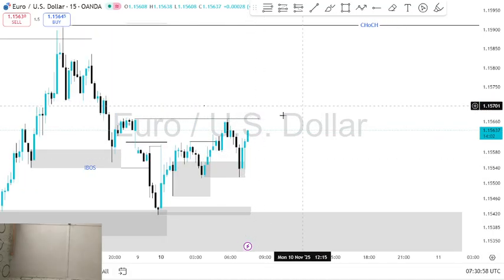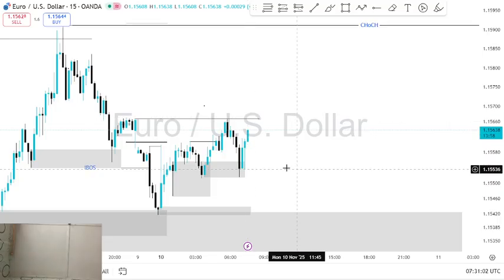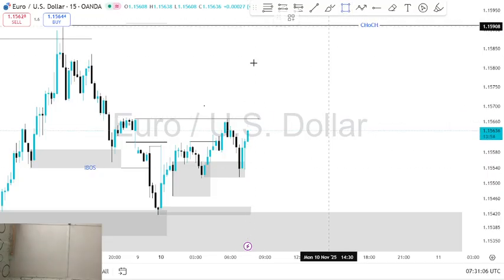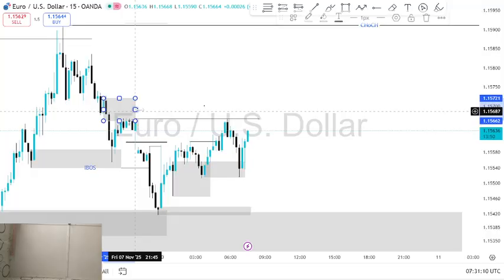So price is moving to the upside. Let's see. Price can continue to move and break. So this one has already been mitigated.